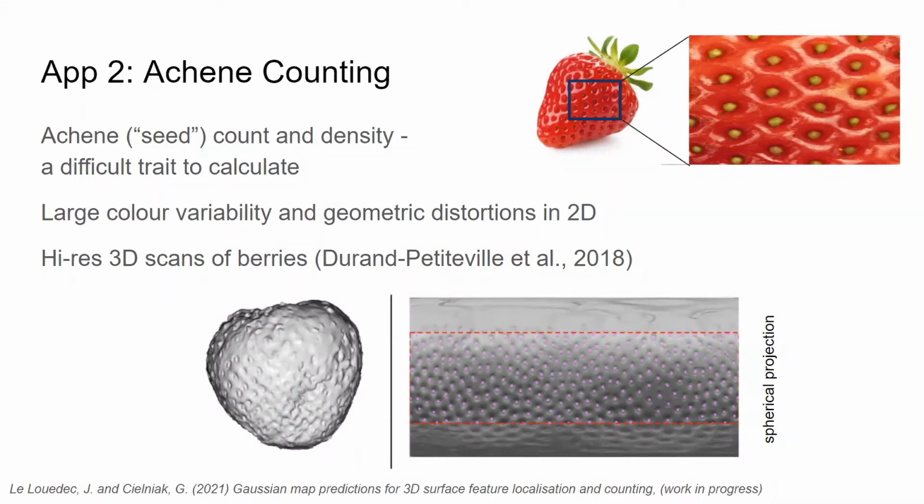He is utilizing a data set, again from an American team, who a few years ago performed very high resolution 3D scans of berries in lab conditions. This uses very high quality scans and structure from motion reconstruction, so you can see the quality of these models.